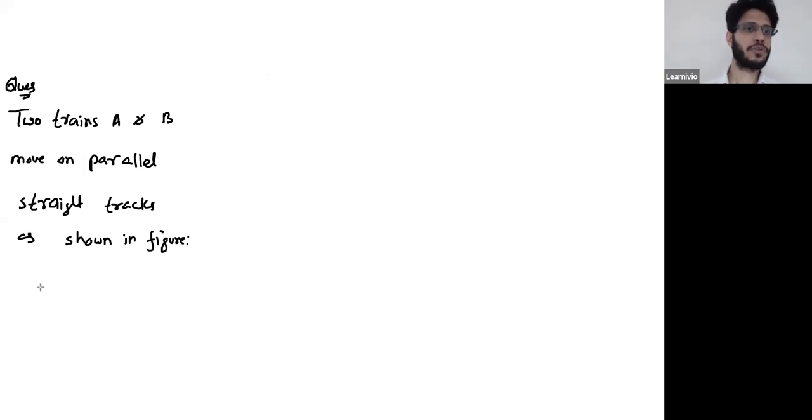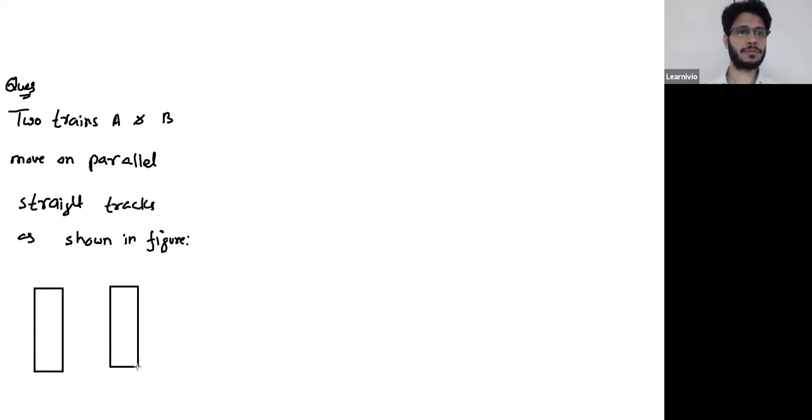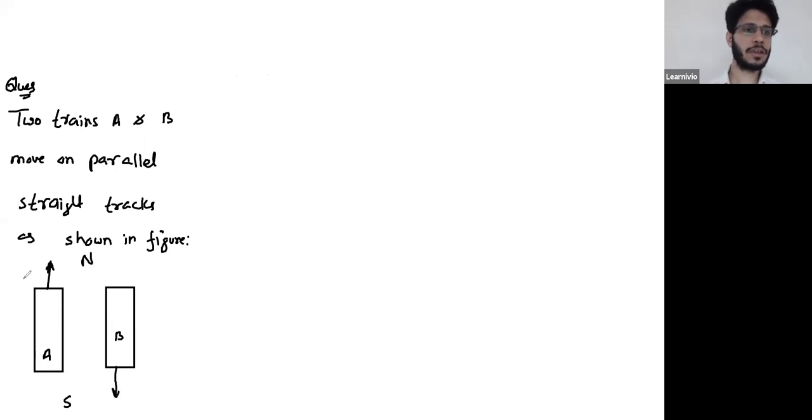So you have two trains, a train A and a train B. This is north, this is south. Train A is moving towards north and B is moving towards south. A is moving with 100 meter per second and B is moving with 40 meters per second.